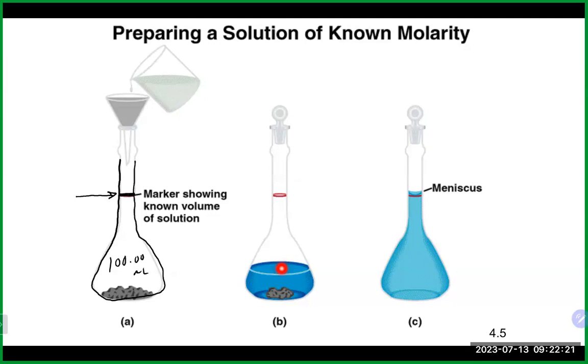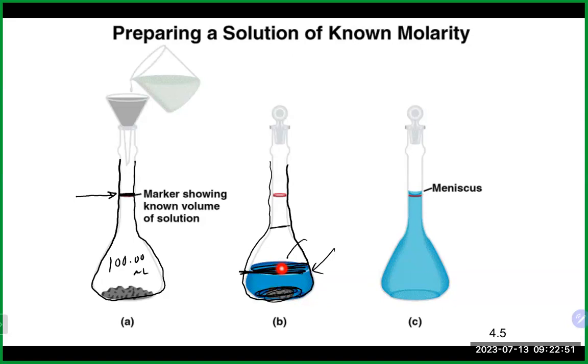And usually with volumetric glassware, you go to 2 decimal places. So you usually take 100.00. So you take a little bit of your salt, a little bit of water. You typically would not want to fill it to the neck of the volumetric flask, which is good practice for next week when we do that experiment, so you're not dumping out your solution. So usually keep the level halfway and try to get the solid to dissolve.